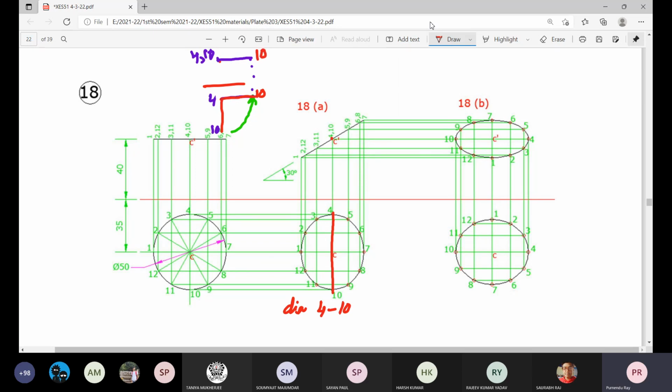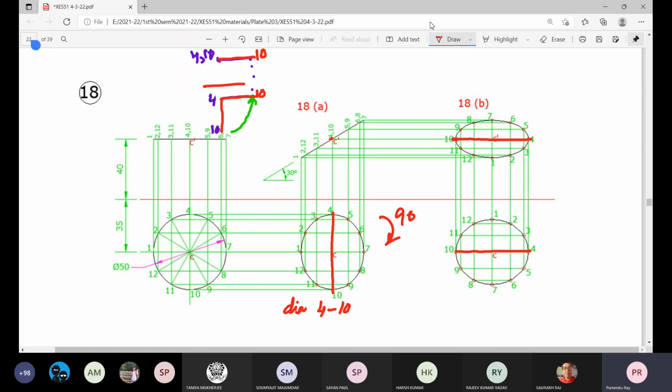So this is the diameter 4-10, in plan and elevation, both parallel to GL. So the line itself is parallel to both the planes. That's why we rotate it through 90 degree, so that this line 4-10 is parallel to GL, and automatically this will give us the corresponding diameter 4-10 parallel to both the planes.